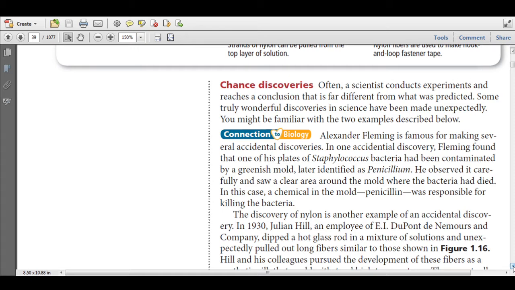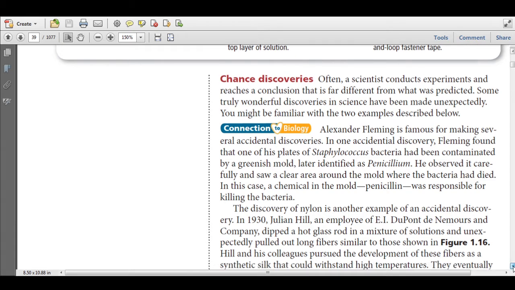Fleming found on one of his plates that a Staphylococcus bacteria had been contaminated by greenish mold, later identified as penicillin. He observed it carefully and saw a clear area around the mold where the bacteria had died. In this case, a chemical in the mold, penicillin, was responsible for killing the bacteria.